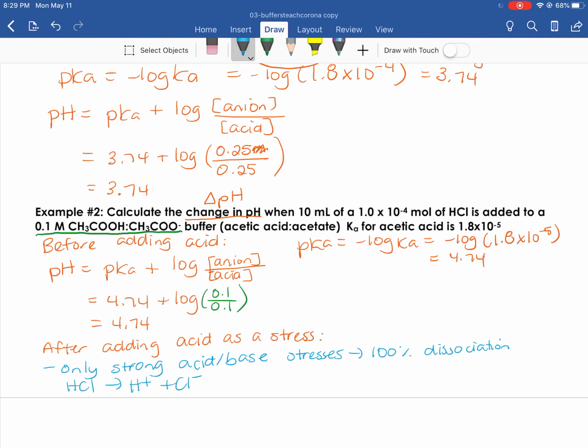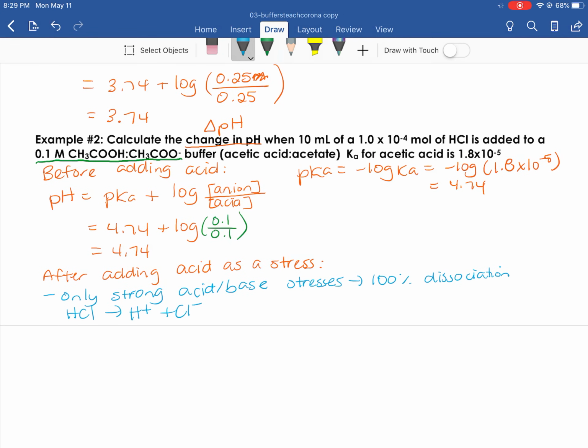So in our case here, we have HCl makes H plus and Cl minus, and we want concentration.